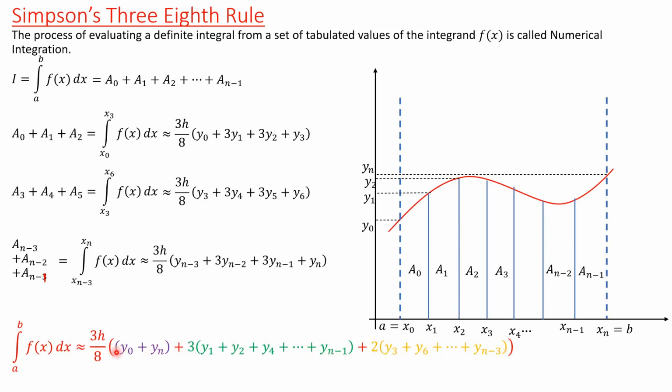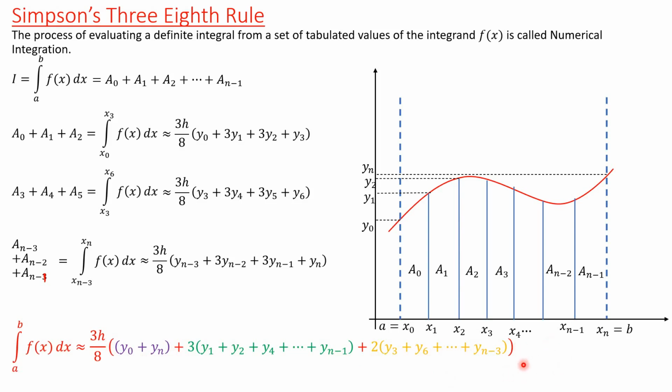So what is happening here? First ordinate plus last ordinate plus 3 times the remaining ordinates where the suffix is not divisible by 3 plus 2 times all the ordinates where the suffix is divisible by 3 except y0 and yn.